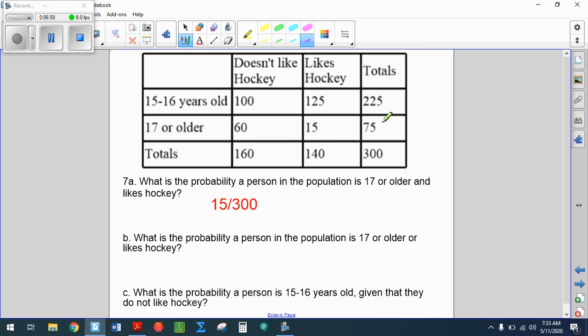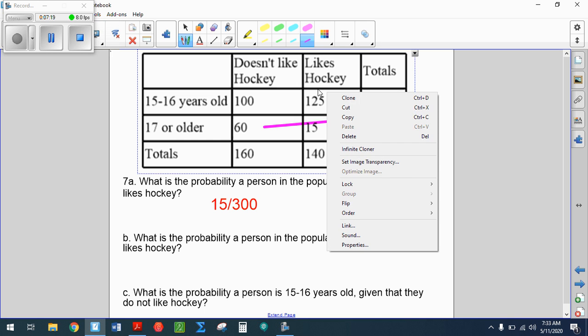So 17 or older or likes hockey. When we have the "or" with the 2 criteria, we take one total, 17 or older, which comes from the 60 plus the 15, and we have to add up the other criteria, or they also like hockey.